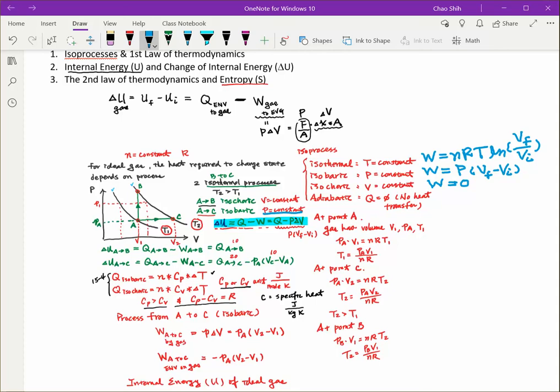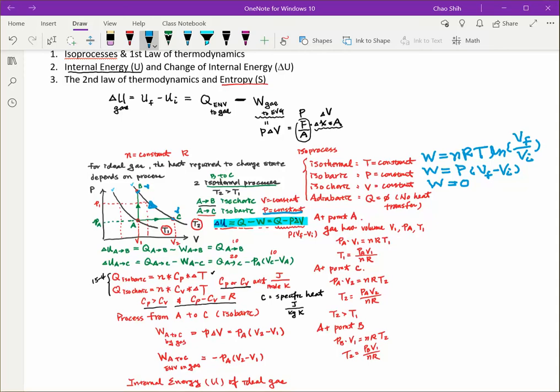So what is the isothermal process in this diagram? In this diagram, from B to C is an isothermal process. If you move from B to C, the arrow will be in this direction. Then the work is going to be equal to this.